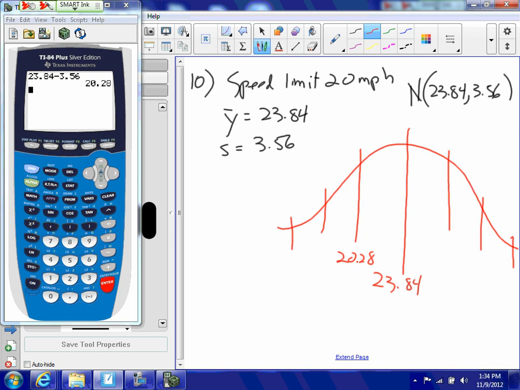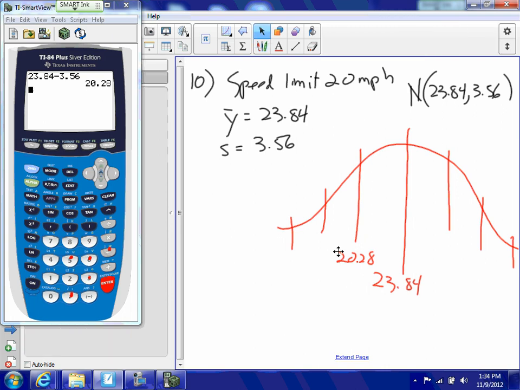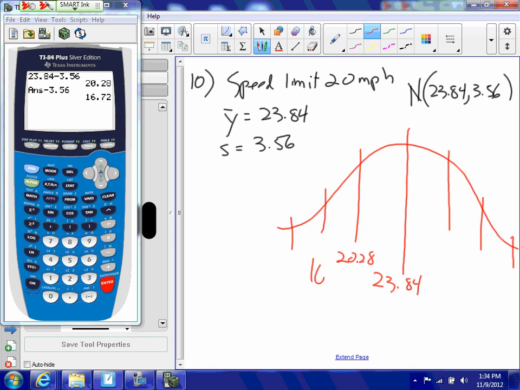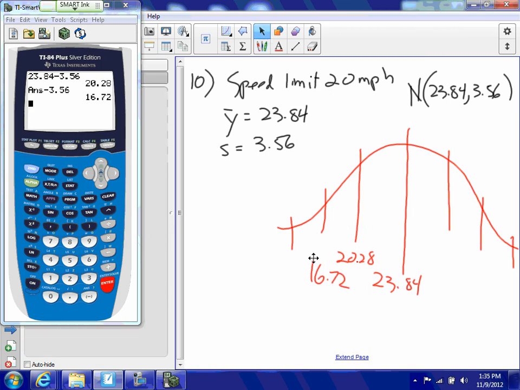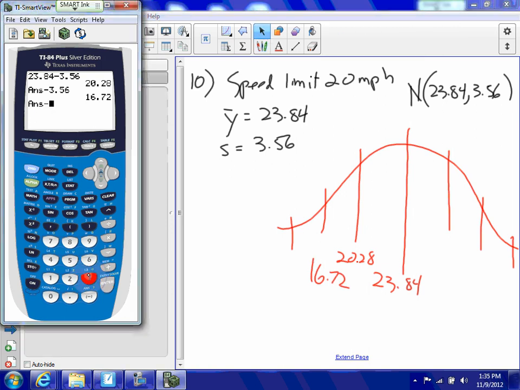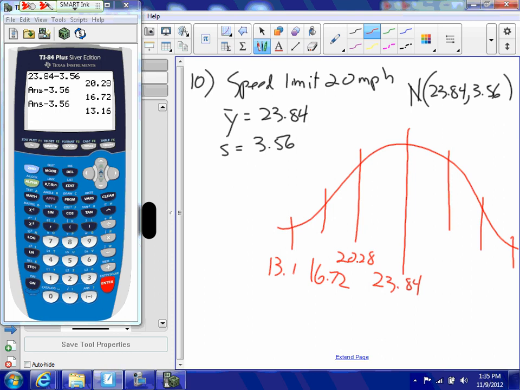If I subtract again, negative 3.56, my next standard deviation lower is going to be 16.72. Let's again subtract 3.56. My third standard deviation is 13.16.